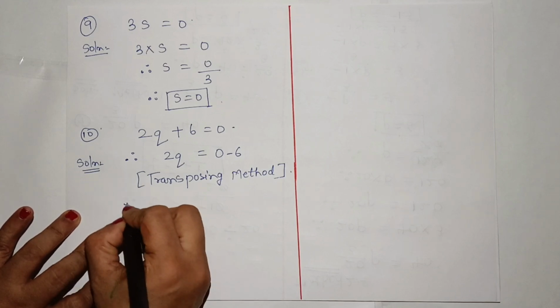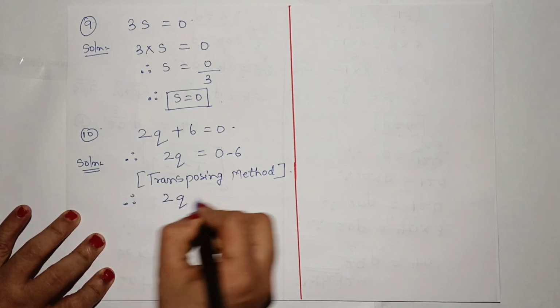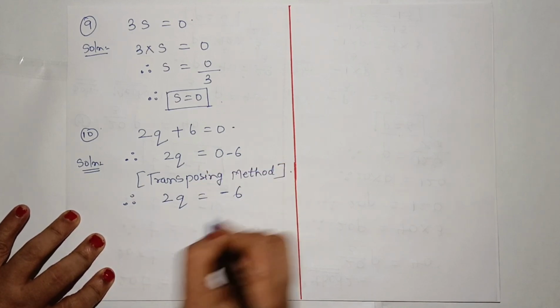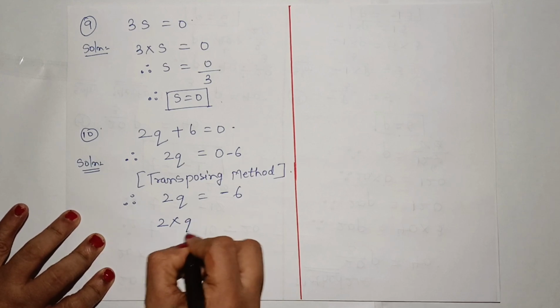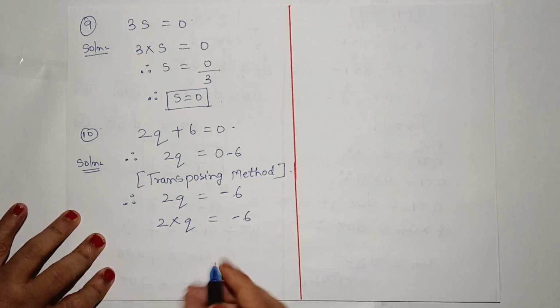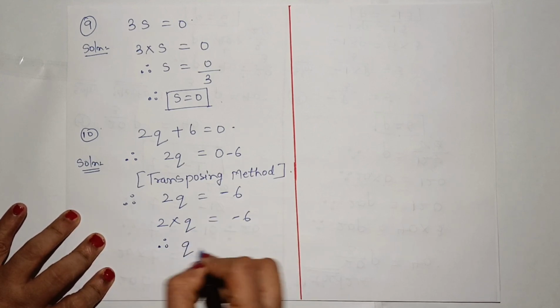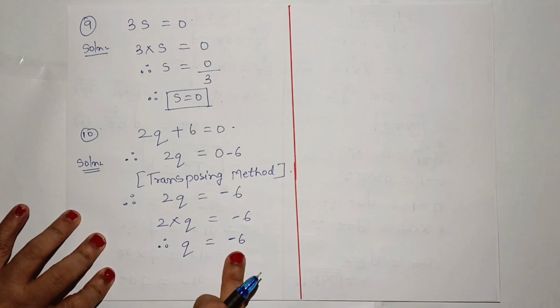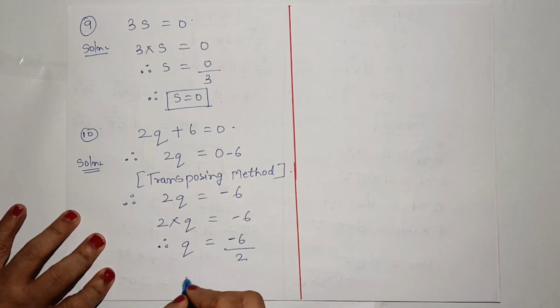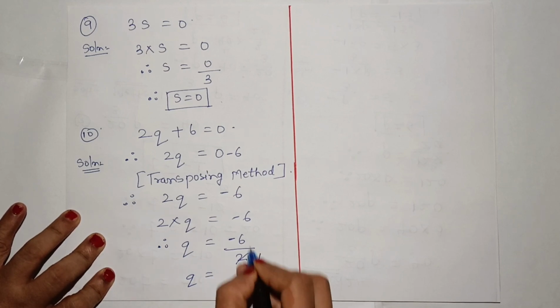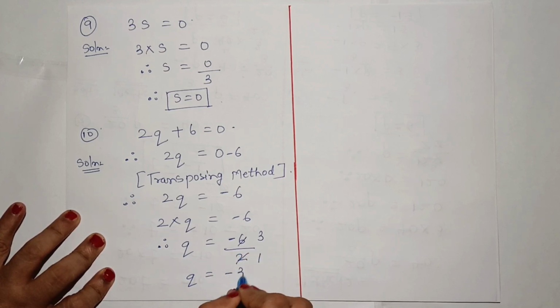Transposing method. Therefore, 2q, 0 minus 6 is minus 6. 2q means 2 into q, correct? 2 times q. Therefore, q equals, first write minus 6. Now shift 2 to that side. It becomes divide, correct? Q equals 2 ones are 2, 2 threes are 6. Your answer is minus 3.